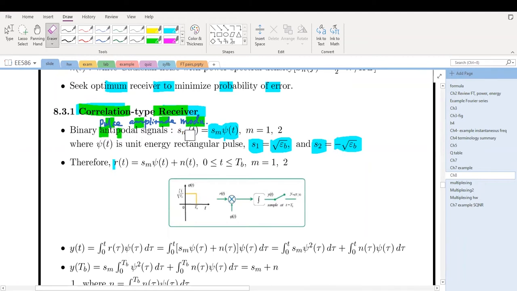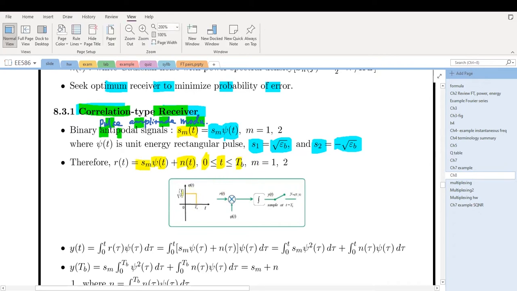Now we plug the signal s_m(t) into the received signal. So r(t) equals s_m psi(t) plus n(t). What is the time t duration? Time t is from 0 to T_b. What is psi? The psi orthogonal base function is rectangular, with T_b duration. The magnitude is square root of 1 over T_b, so the energy contained in this space is 1.